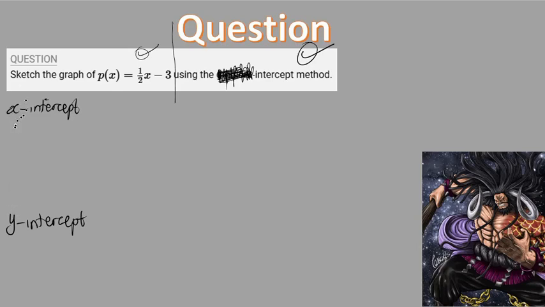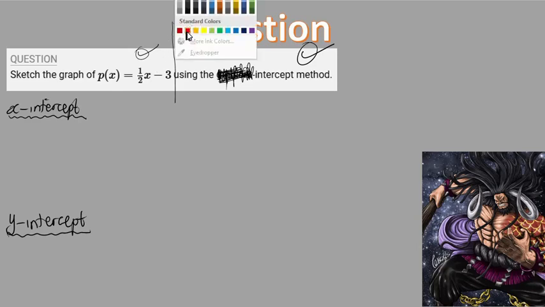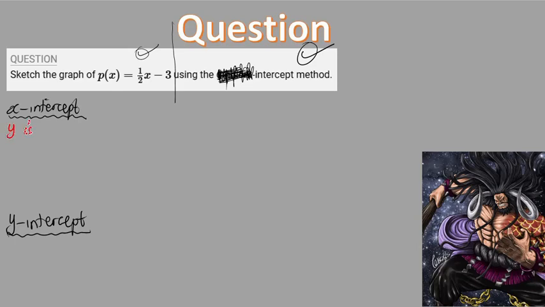So now in these situations, there are some things you are supposed to understand. On the x-intercept, let me put this in red so that you can remember it. y is always 0.